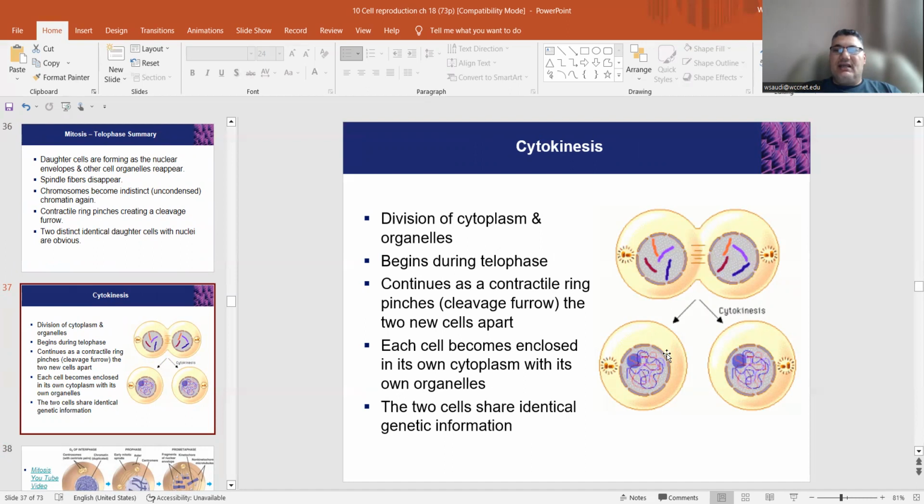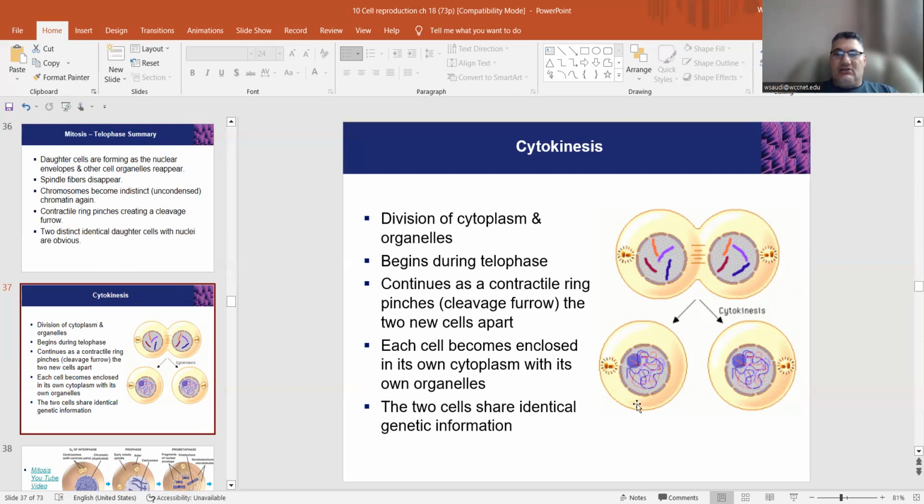We call that cytokinesis, which follows the mitosis with the four stages, PMAT: prophase, metaphase, anaphase, telophase. We talked about those in detail. Now, when the two cells actually move away from each other, it is one daughter cell and another daughter cell. This is called cytokinesis.